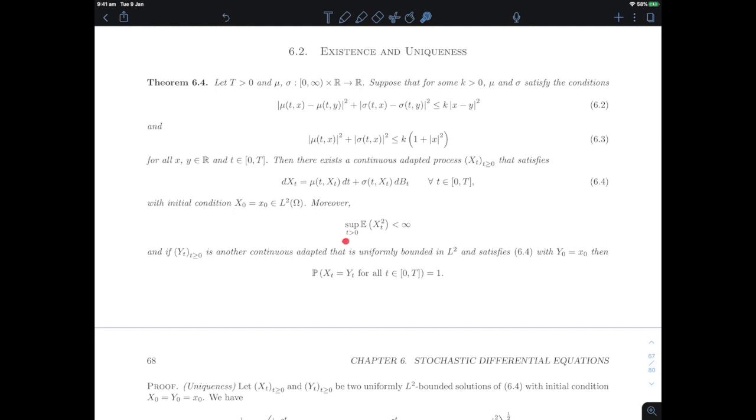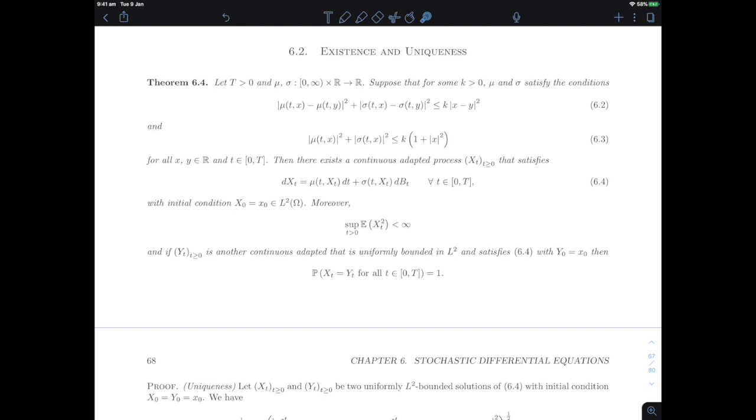So the supremum over t of the expectation of X(t) squared is finite. Right, so this is a solution we can get, and you can ask yourself, is that solution unique? And yes, it is unique. It is unique in the class of continuous adapted processes that satisfy this condition. So they are in L infinity in time and L2 over the probability space.